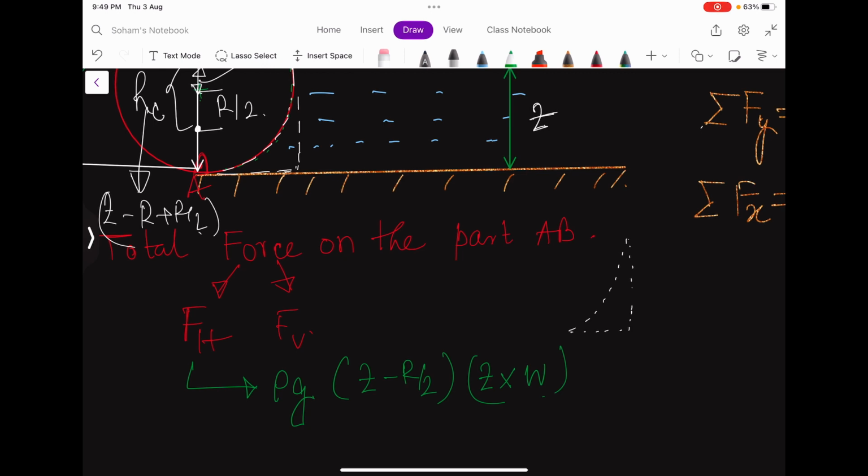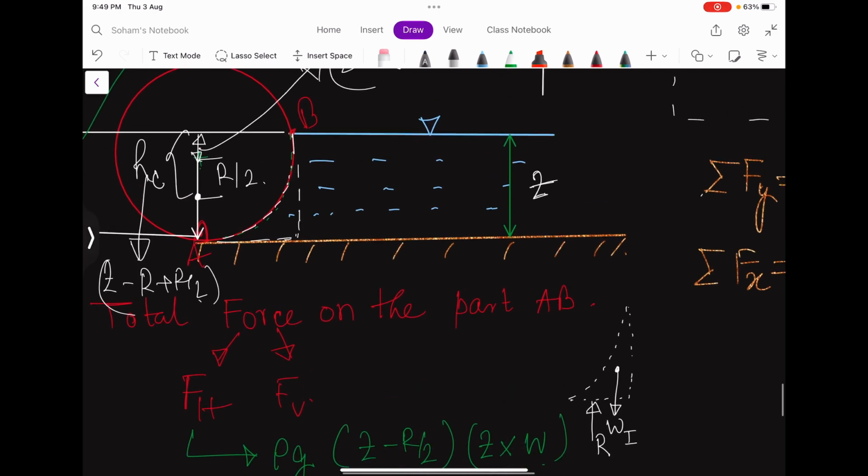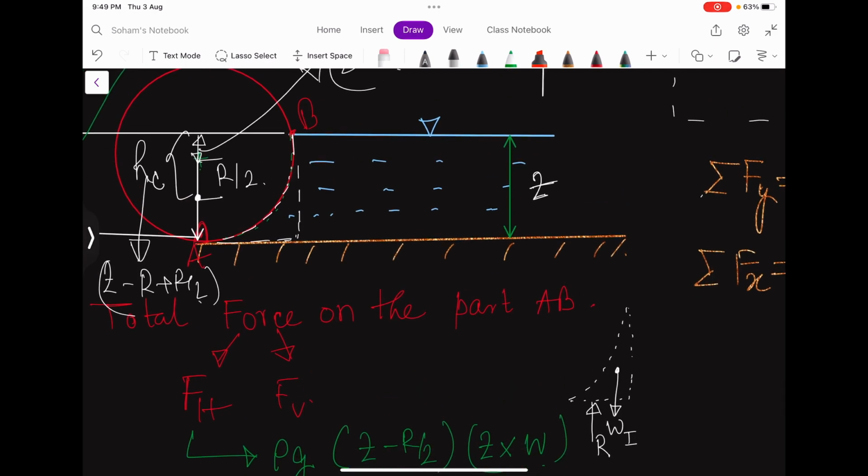Now if I draw this imaginary fluid mass here, then again in the vertical direction I have this weight, W1 let us say, and this reaction. And how to find this reaction? The concept is, if there was not the gate, then this part would have to be filled with water.